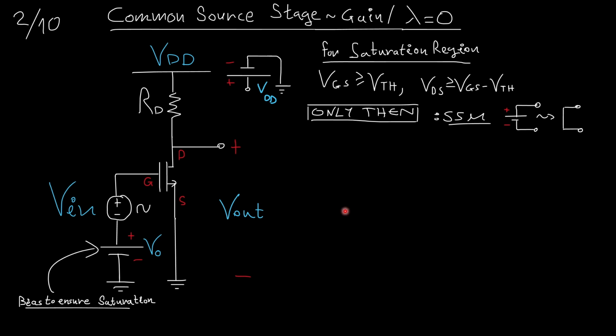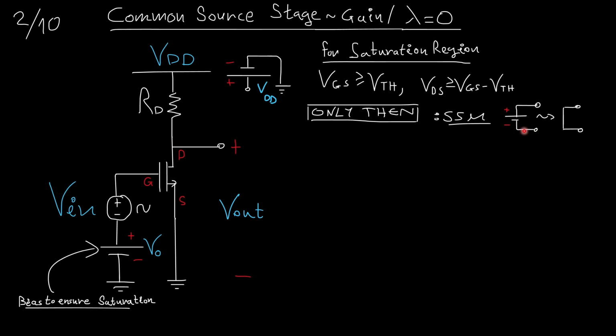We are going to use a small signal model of this topology, but before we do it, we must understand that the small signal model is valid only for the saturation region. Now that we ensured that we are in the saturation region, when we do the small signal model, we must ensure that all constant voltages, all constant sources become 0.